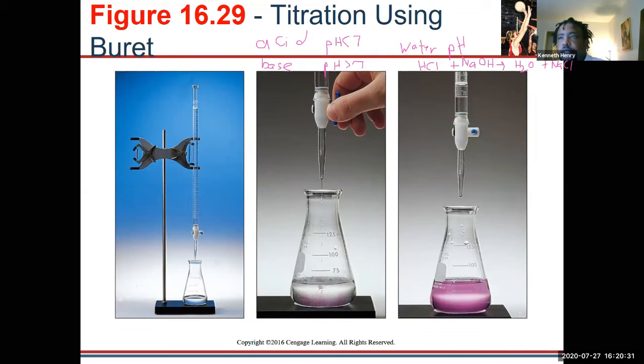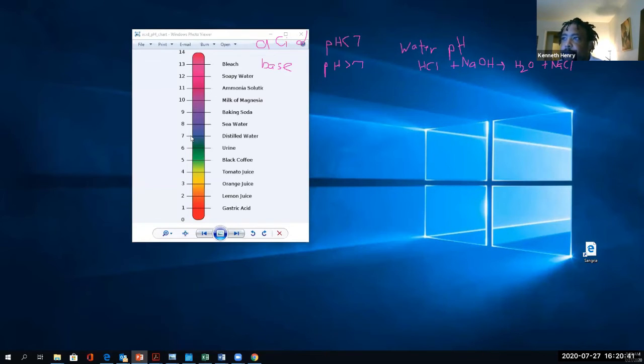Let me see if I can show you again. This scale, right? So it would be blue when it neutralizes. So it would change from, let's say, a pink color to a blue color. You guys see that?